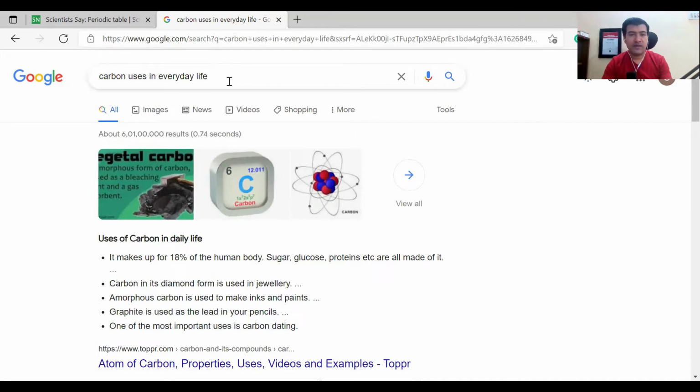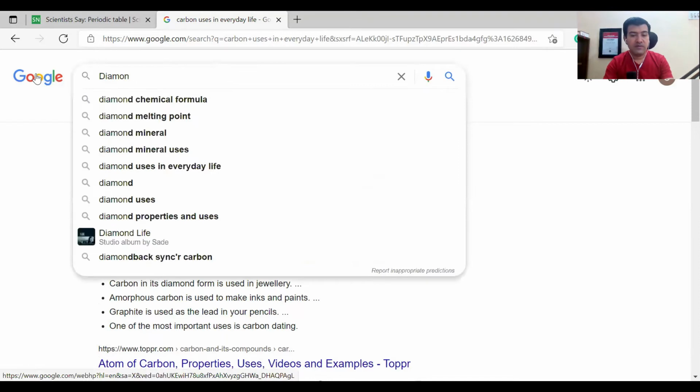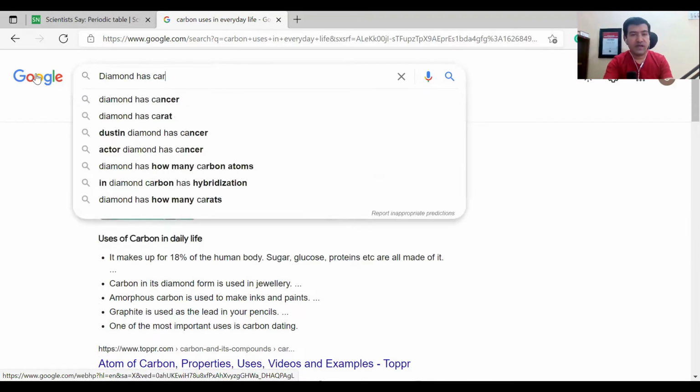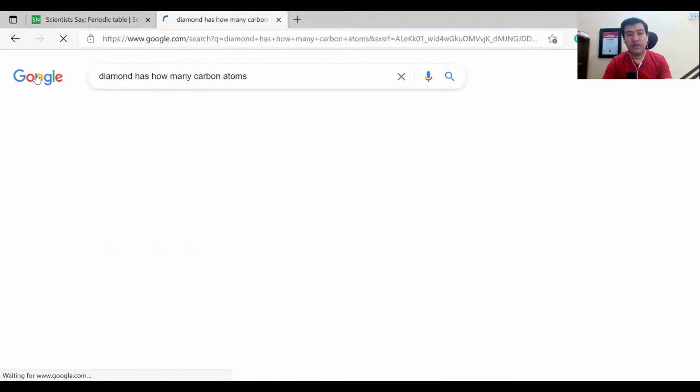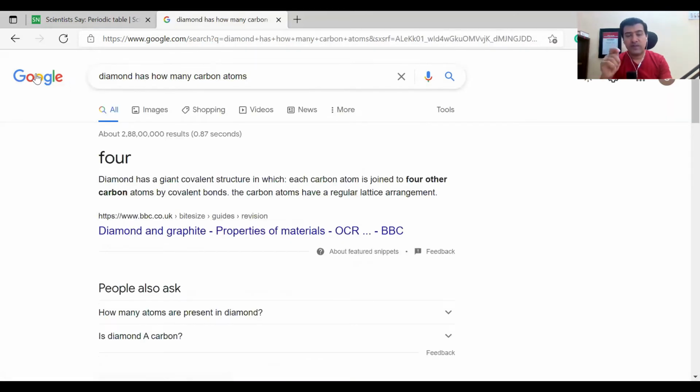We all know diamond has carbon. So we'll not go into detail about how many atoms, but here our association is that diamond is made up of carbon. Okay.